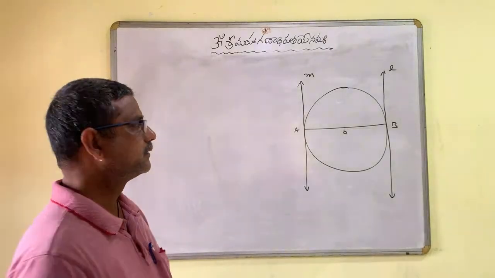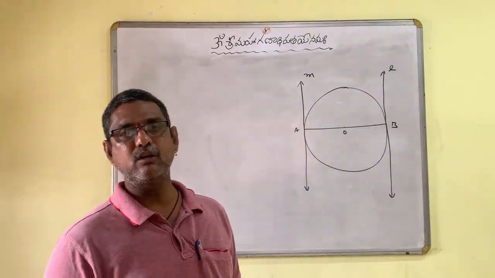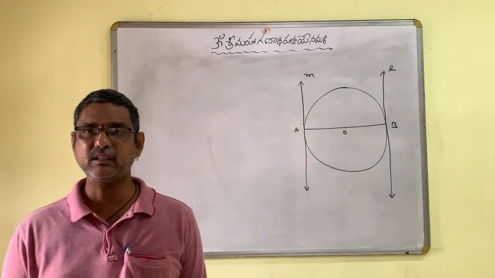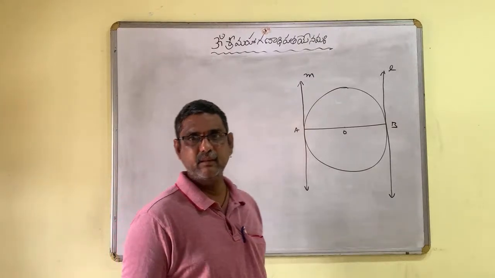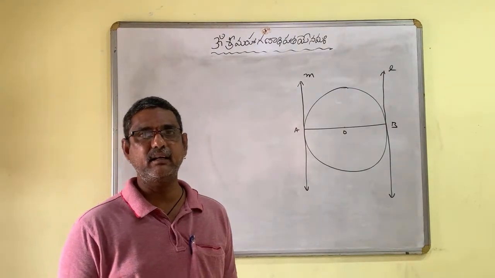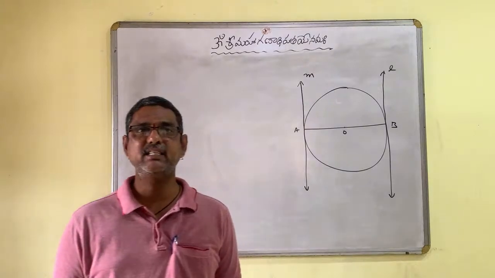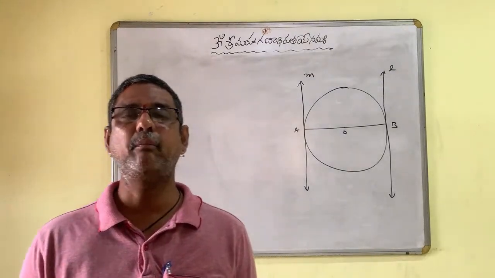Okay. Now, there is a problem on the board. AOB is the diameter, and two tangents are drawn at the endpoints of the diameter.